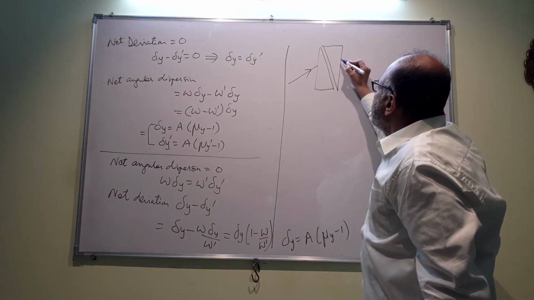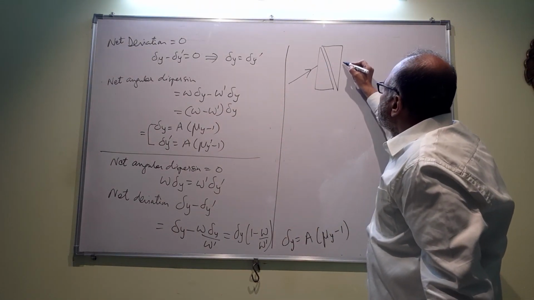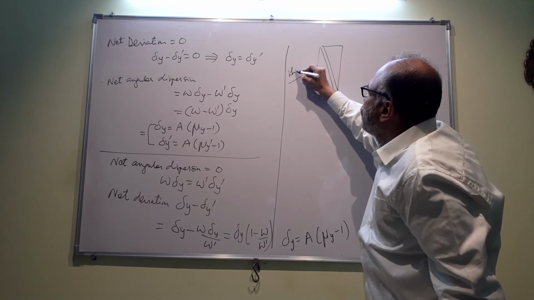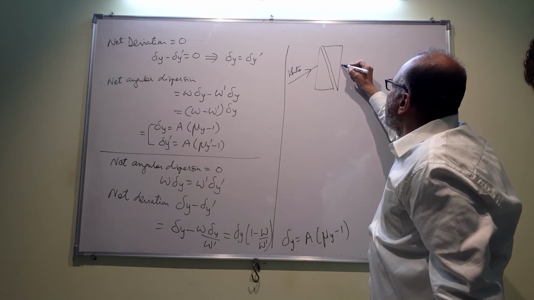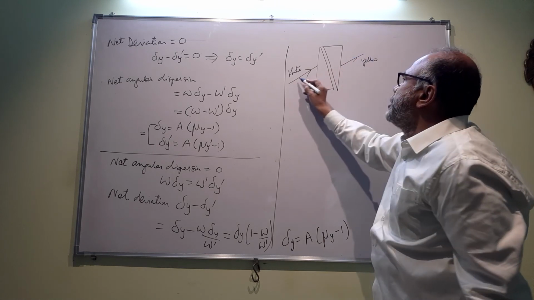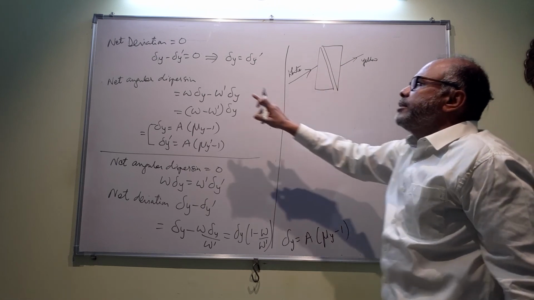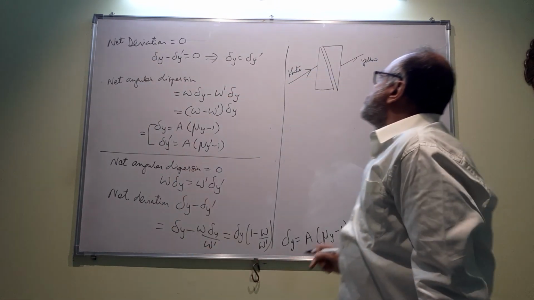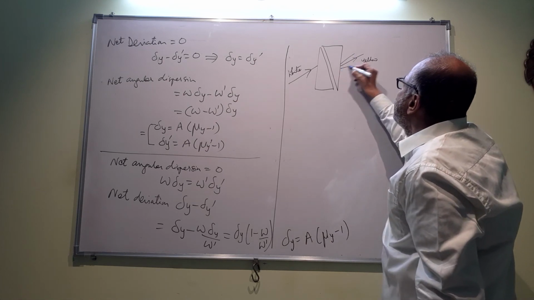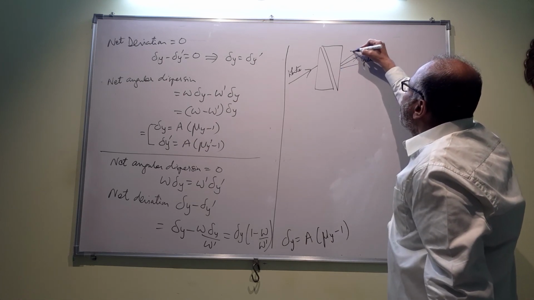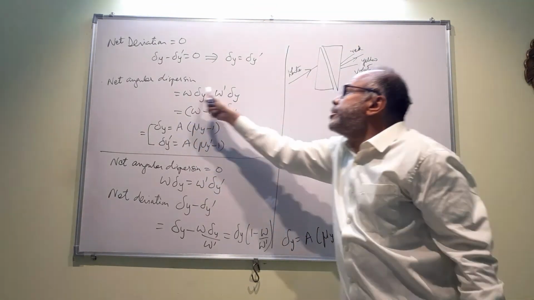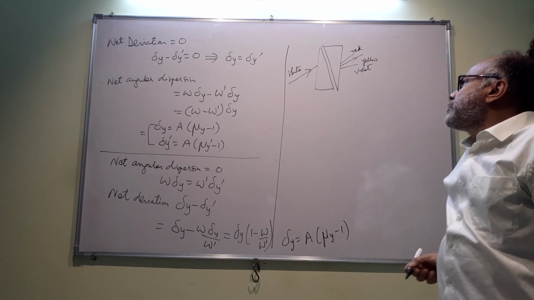So since net deviation is 0, the yellow light comes out parallel to the incident white light. That is why the net deviation is 0. And there will be a slight spread of red here and violet here. So the net angular dispersion is not 0.